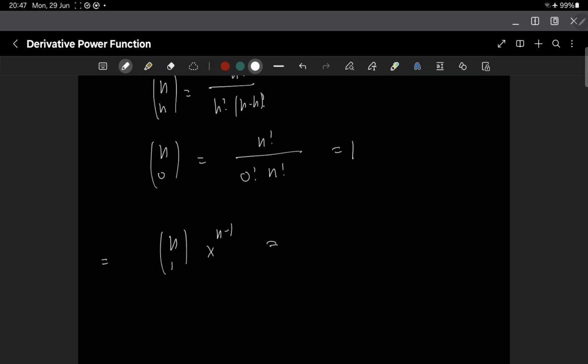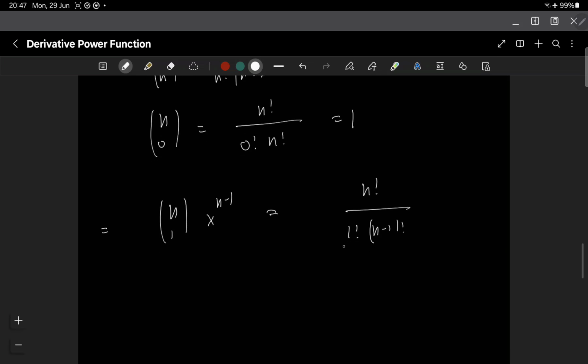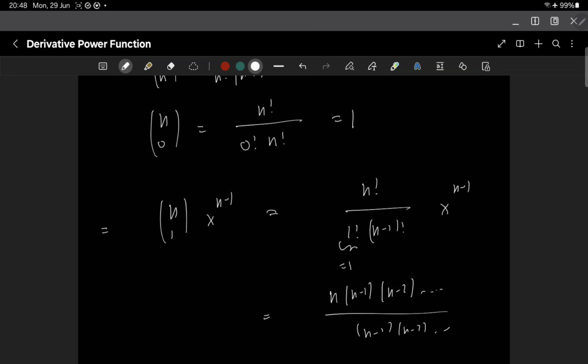And this is n factorial over 1 factorial times n minus 1 factorial, times x to the n minus 1. Now 1 factorial is equal to 1, and n factorial over n minus 1 factorial is n, because this is n times n minus 1 times n minus 2 and so on, divided by n minus 1 times n minus 2 and so on, and all these terms cancel.